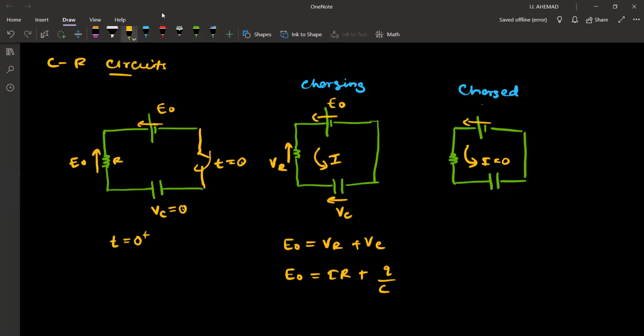So E naught across this battery will drop across this capacitor only. Here there is no potential drop. This is equal to 0. So in this case, VC is equal to E naught.